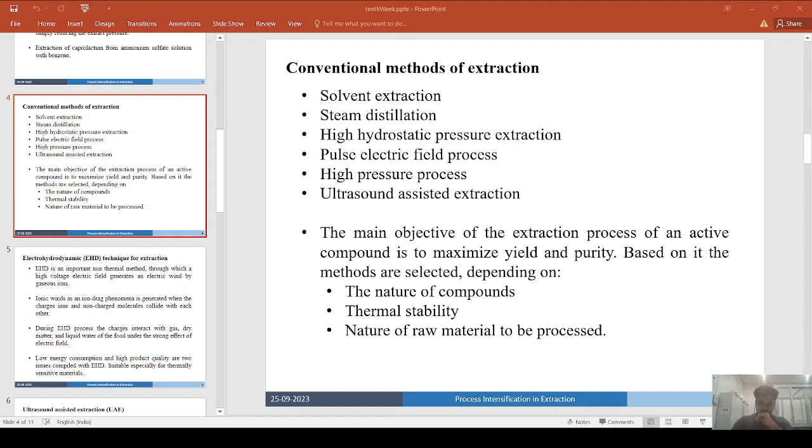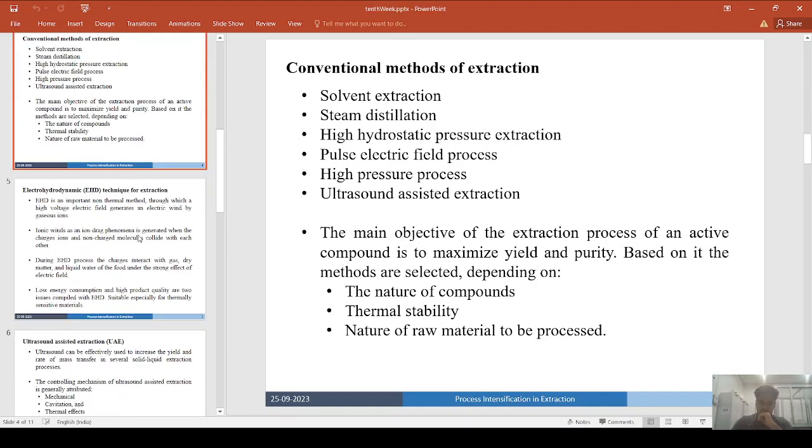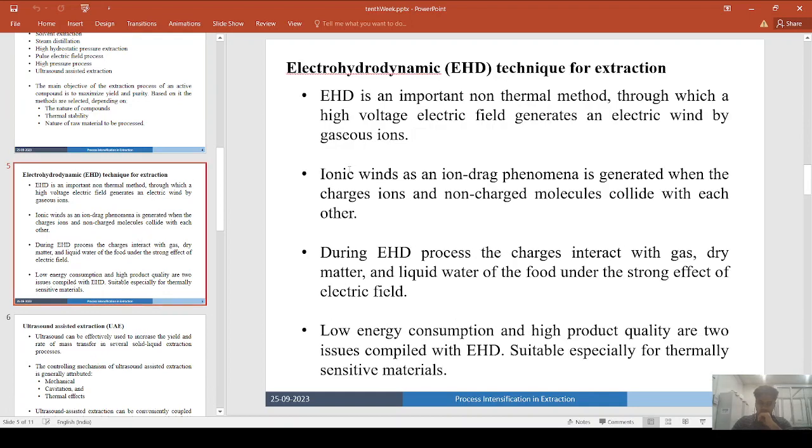Now let us look at an intensified approach for extraction, which is the electrohydrodynamic EHD technique for extraction. This is one of the ways to intensify the conventional extraction processes.